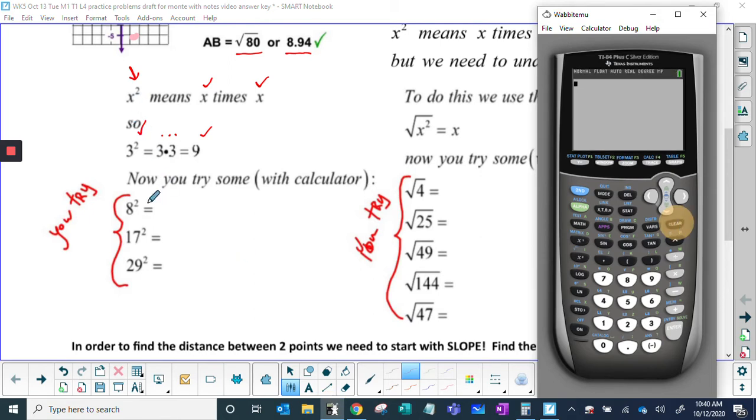Okay? So this first one, 8 times 8. We could go 8 times 8, enter. But I hope that you practice using the squared button. Okay? This squared button. So we're going to go 8 squared, wrong one, 8 squared equals 64.